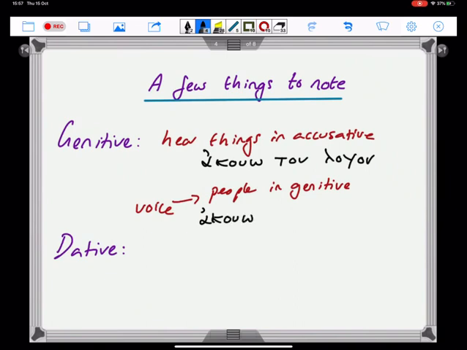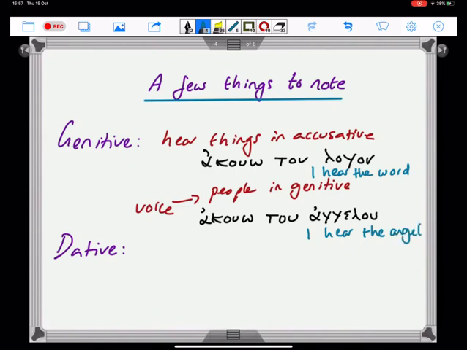Versus akouo, tou angelou. I hear the word. I hear the angel. There aren't too many verbs to do this, and you will get used to it.